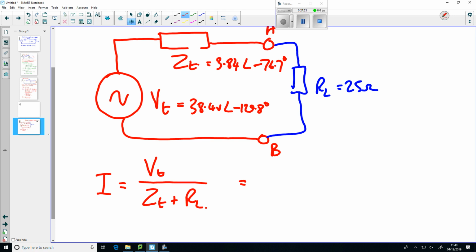If you're going to add them, rectangular. So we'll leave V little t at 38.4 volts angle minus 129.8, but convert ZT into rectangular form. We'll go back again in a minute as well.